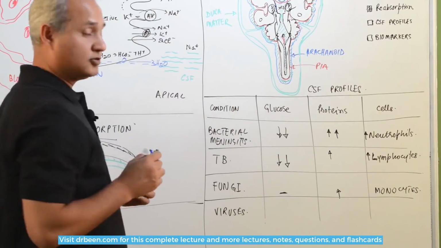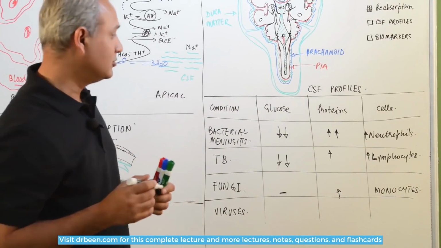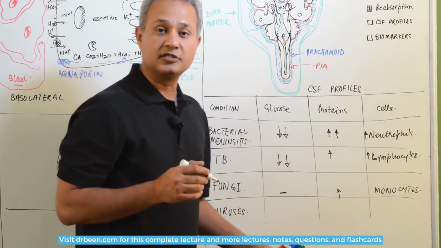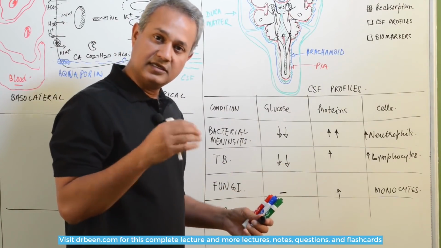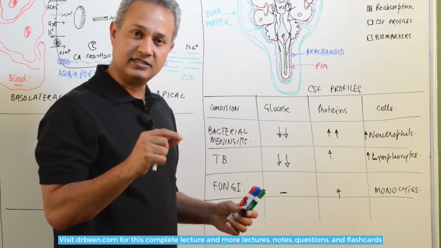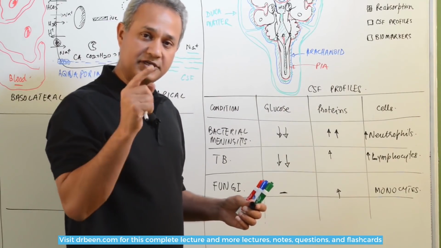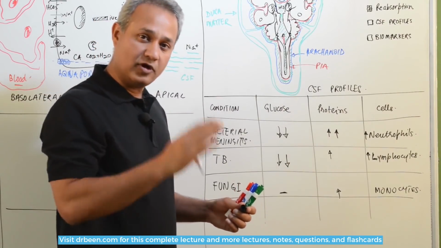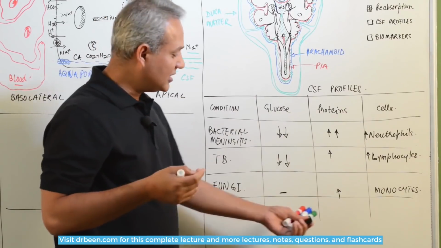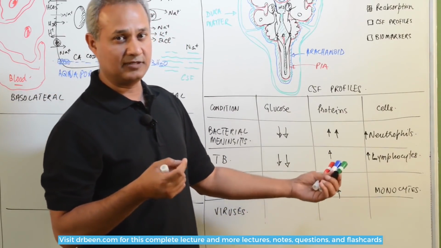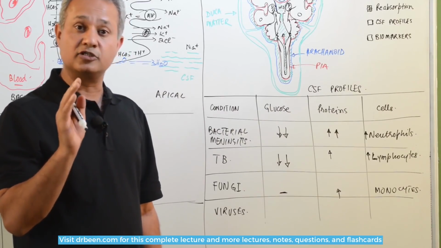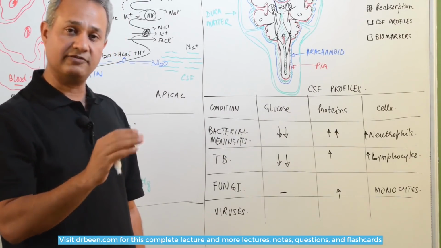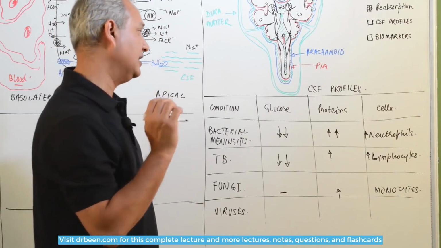Then viruses. So what do viruses do? Eat glucose? No. Make proteins? No. Will they cause inflammatory reaction? Yes. Can that make proteins? Yes. Will they have antibodies produced? Yes. So there is a chance of increasing moderately the proteins. So in viral meningitis, it's not necessary that proteins are always elevated, they could be moderately elevated.